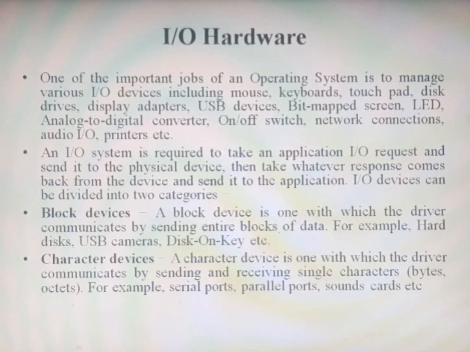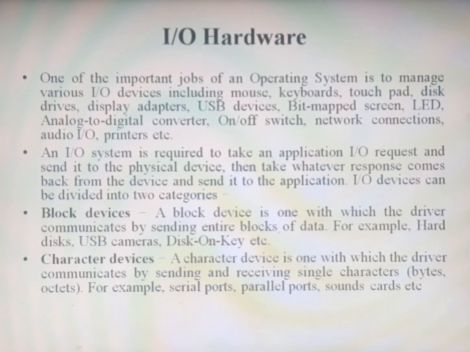What are those devices? It can be a keyboard, a mouse, a touchpad, disk drives, display adapters, USB devices, bitmapped screen, LEDs. All these devices are there. In order to give the input and to get the output from the system, these act as an interface between the user and the operating system.